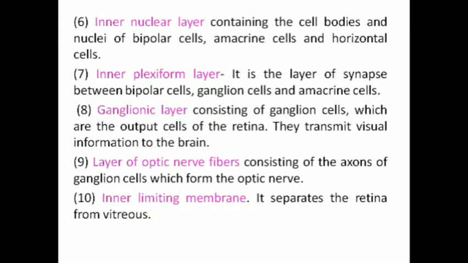Next is the inner nuclear layer containing the cell bodies and nuclei of bipolar cells, amacrine cells, and horizontal cells.